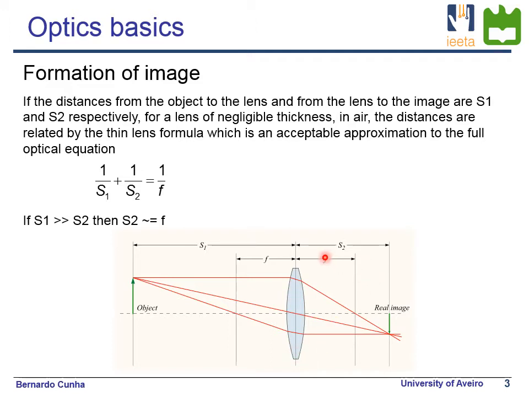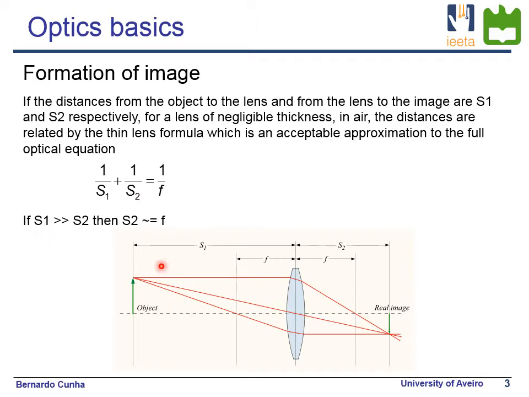We are also assuming that f will be the focus distance. And if this lens is an optimal lens, then we can say that 1 divided by the focal distance will be the same as the sum of 1 divided by s1 plus 1 divided by s2.